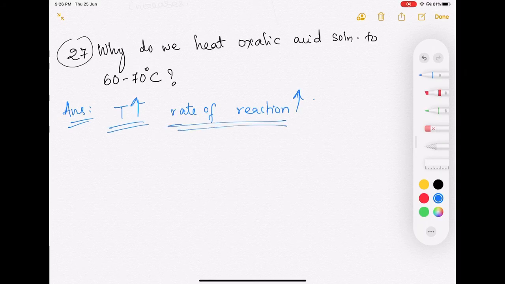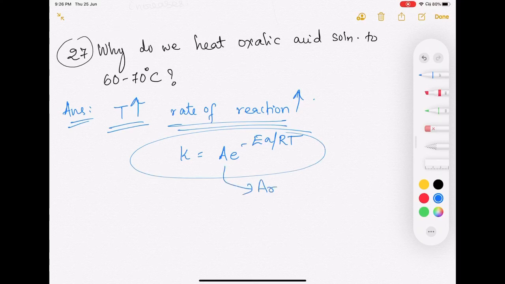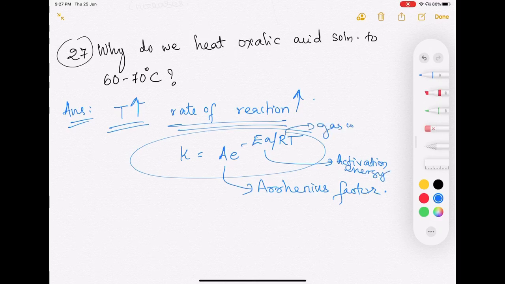And if they are asking you the evidence, you say the equation: rate constant k equals A into e raised to minus Ea by RT. This is your Arrhenius equation. A is the Arrhenius factor, e is the exponent in mathematics, Ea is your activation energy, R is your gas constant, and T is your temperature.